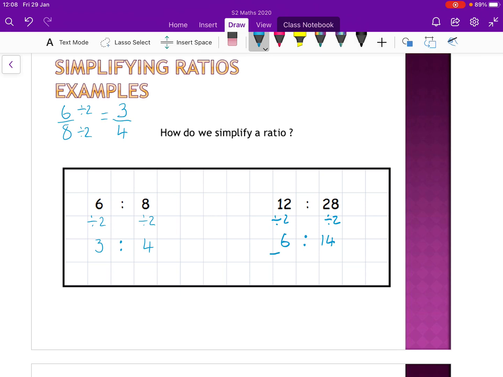Yes, the 2 times table. That tells me that I can divide them both by 2. 6 divided by 2 would get me 3. 14 divided by 2 would get me 7. Is there a times table that has both 3 and 7 as an answer? No, there's not. So that's how we know that we're finished now.